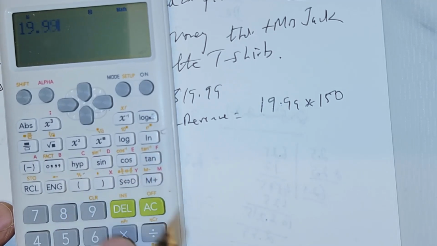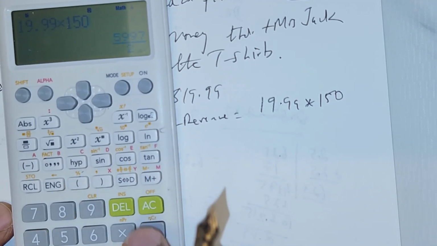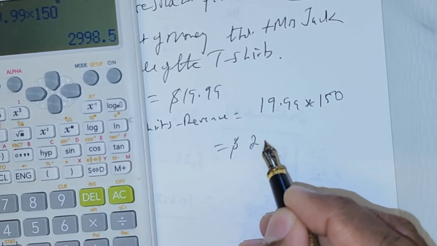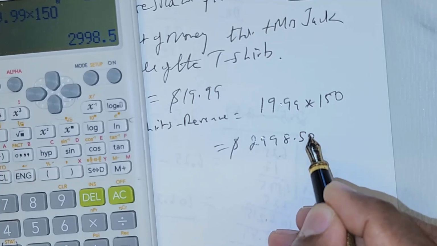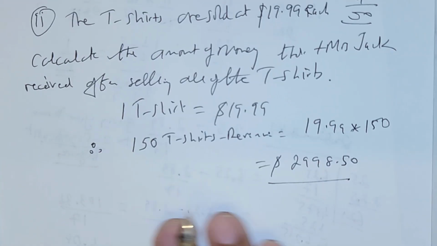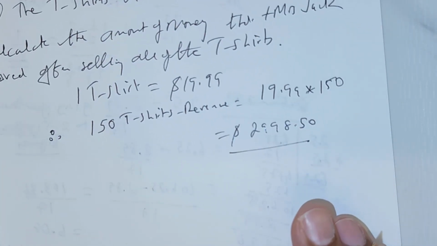So 19.99 multiplied with 150, you get $2,998.50. So this is the amount of money that the business is generating, or I would say the t-shirts sold.